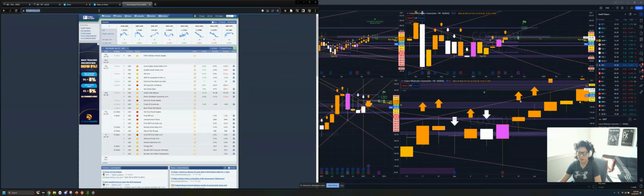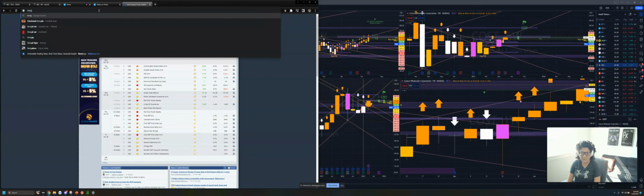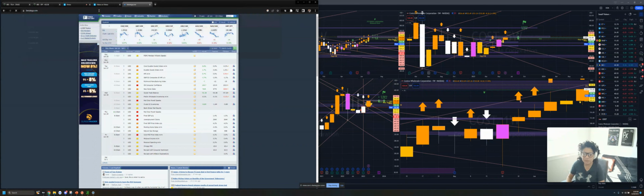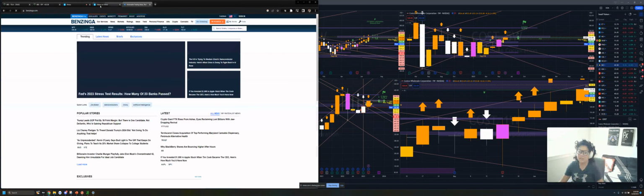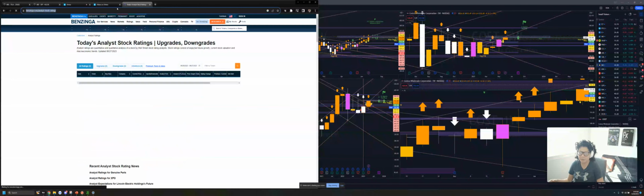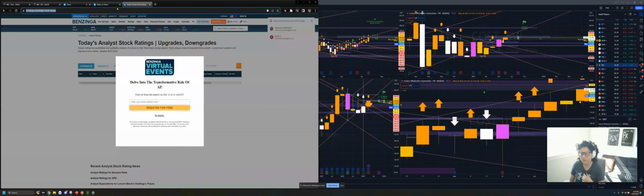And then I go to Benzinga in the morning, and I do it from my phone. I look at the ratings just to see what's downgraded, upgraded, initiated, price targets raised or decreased. So I like looking at that. I like looking at Seeking Alpha, Yahoo Finance, just going through the headlines that have happened over the night.